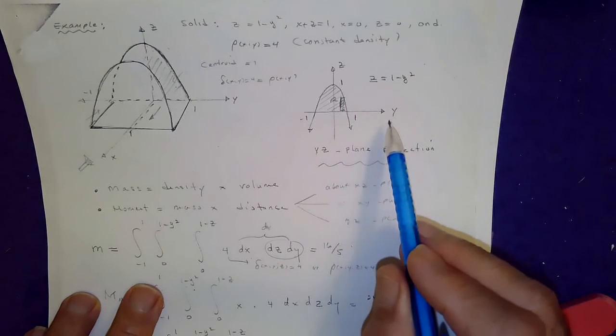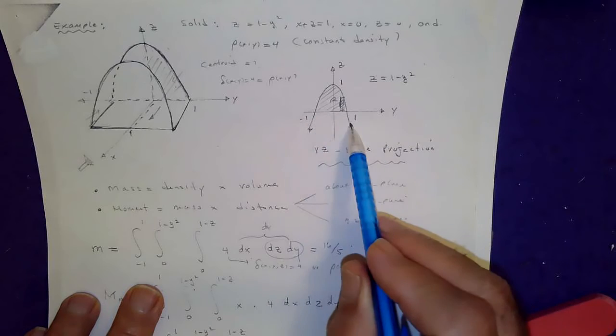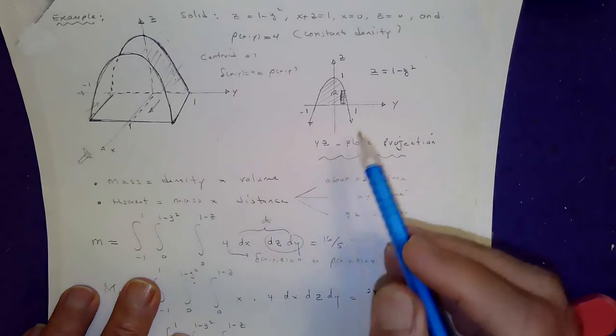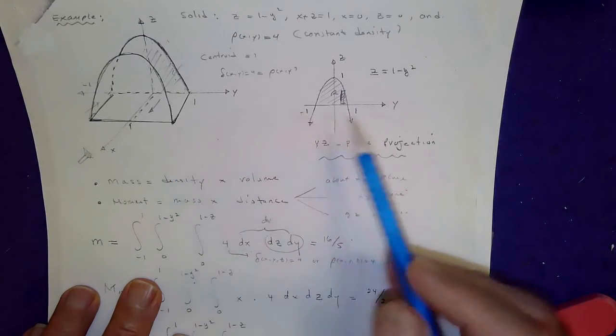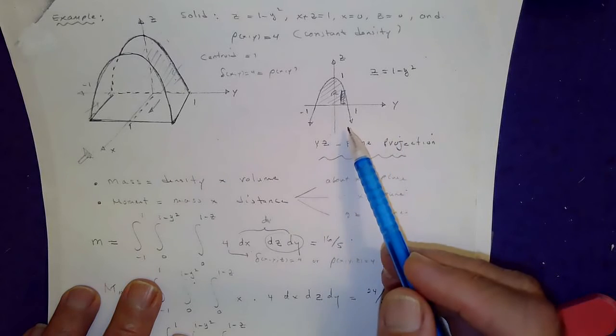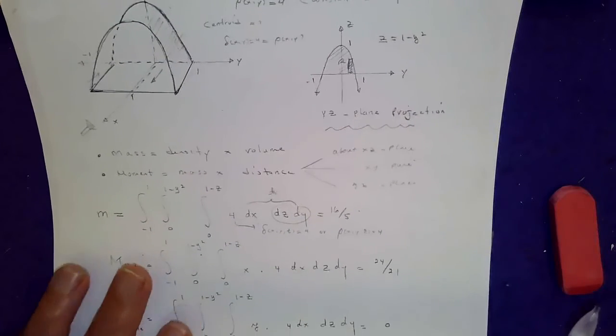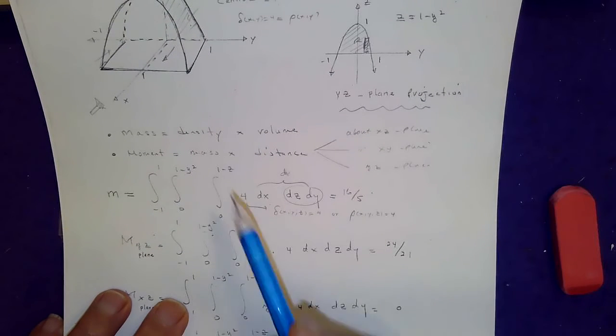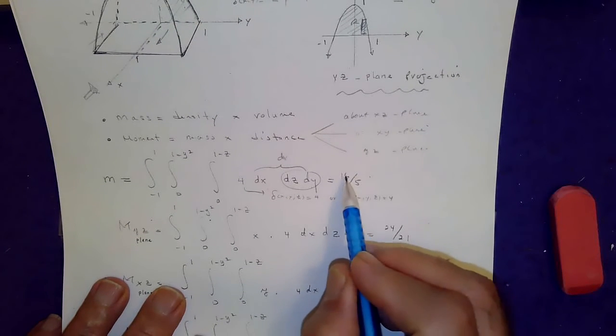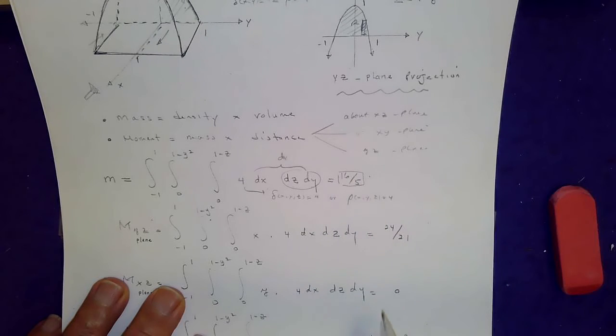And as you can tell from the diagram, y goes from -1 to 1. So it's very crucial to have the solid and its projection in front of you so you can set up the limits. Unfortunately, there are no magic formulas to set these limits of triple integrals. So you get an answer.